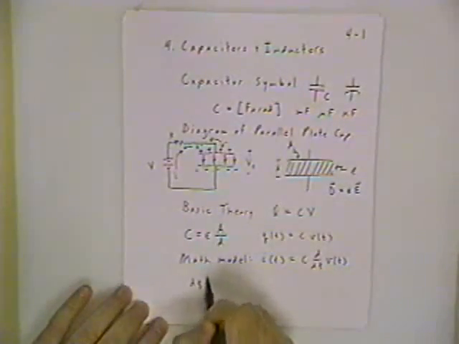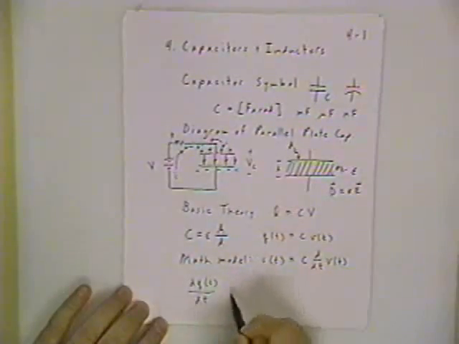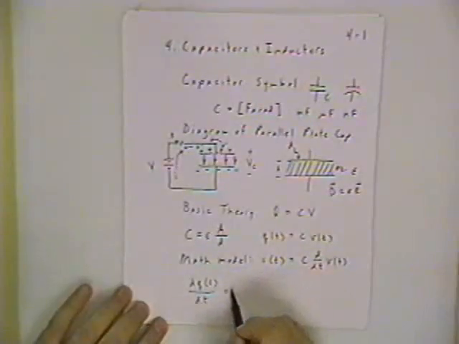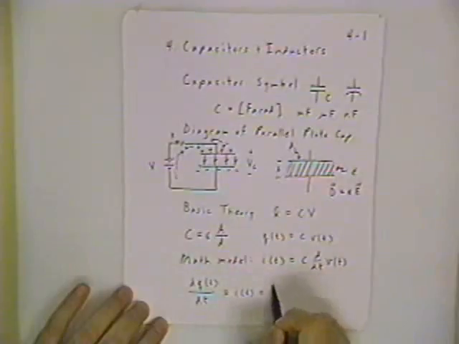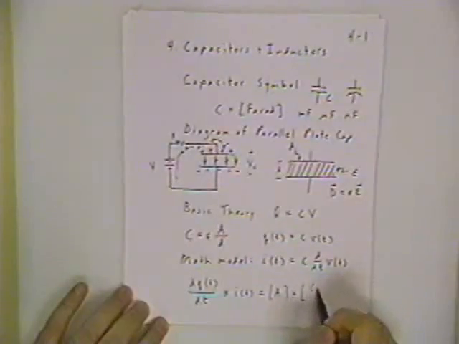If you recall, the time derivative of charge, dq/dt, would be measured in units of coulombs per second. Well, that's the basic definition of current, in SI units of amps, or capital A, which is also units of coulomb per second.